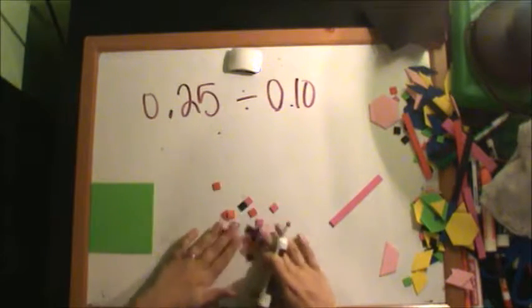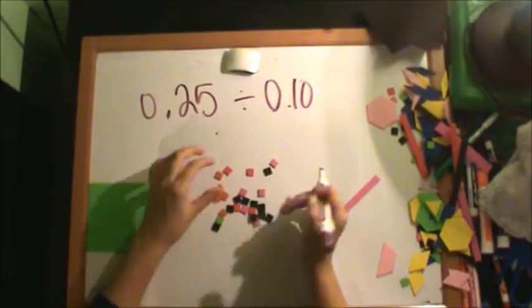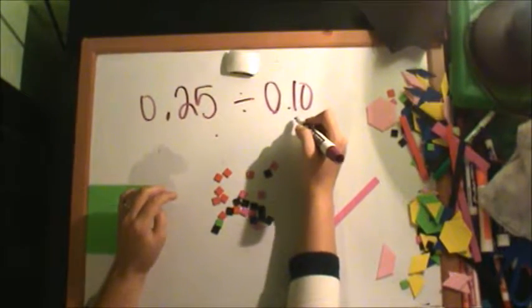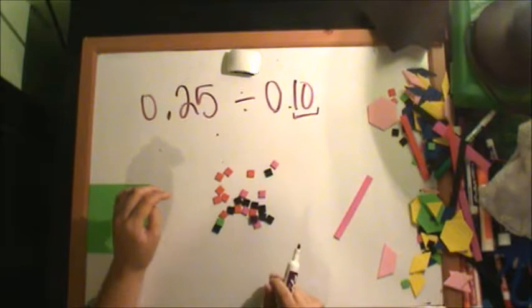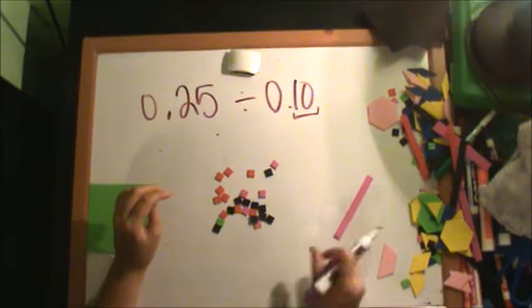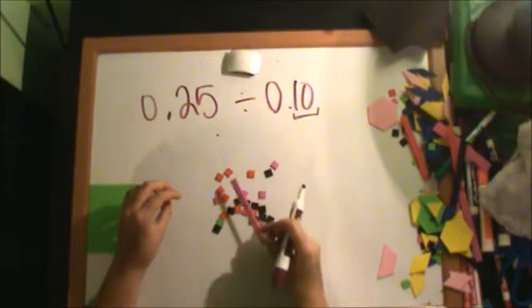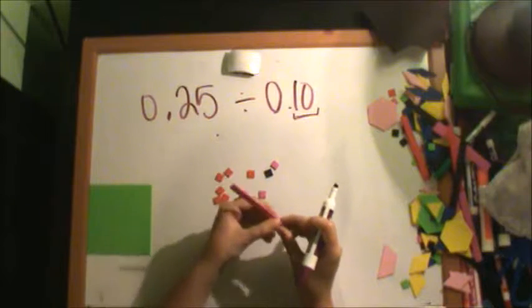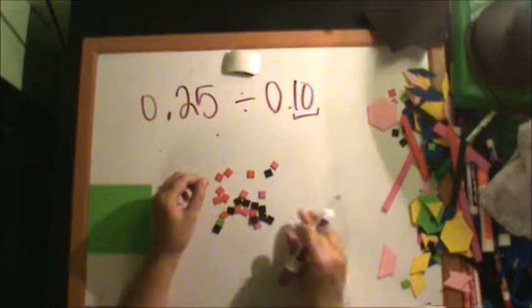Okay, there's my 25 hundredths, and I need to divide it by 1/10 or 10 hundredths. It's the same thing, because if I try to divide it by 1/10, that's not very easy to see, but I can break this up into 10 pieces or 10 hundredths.